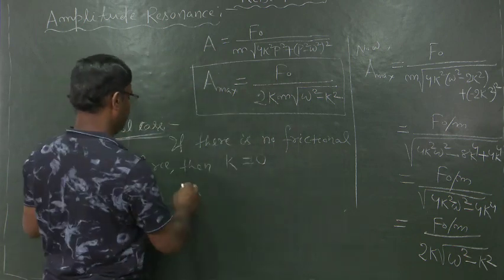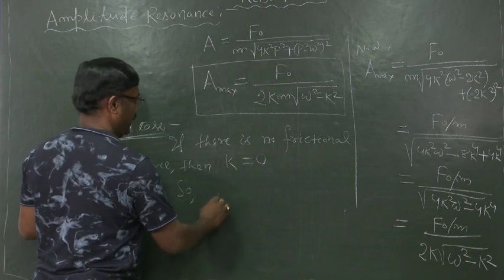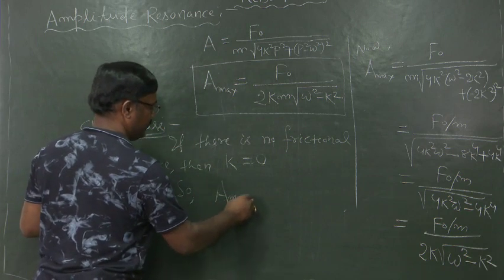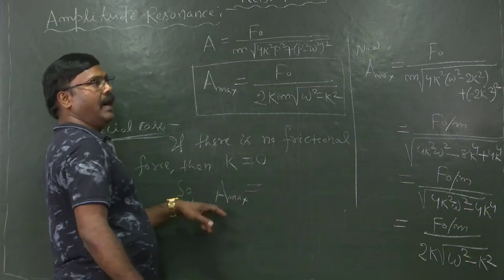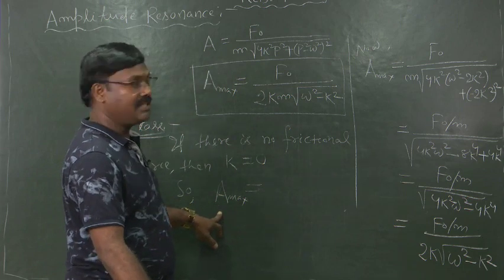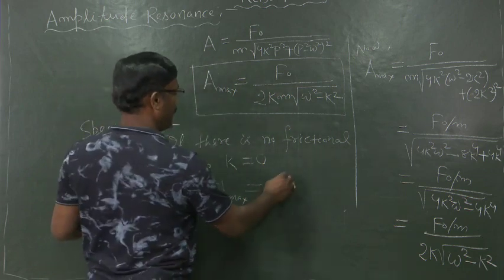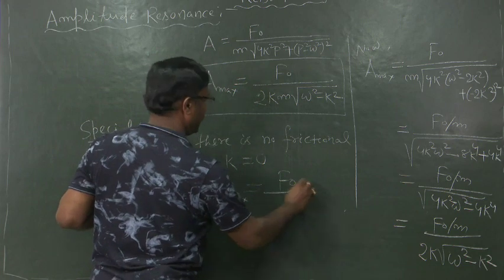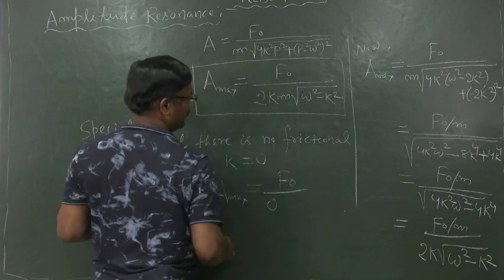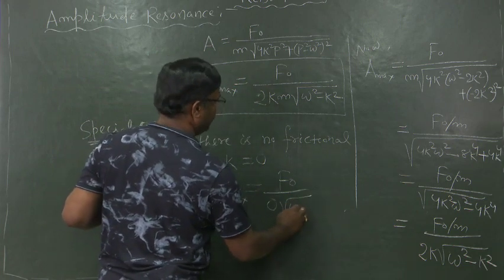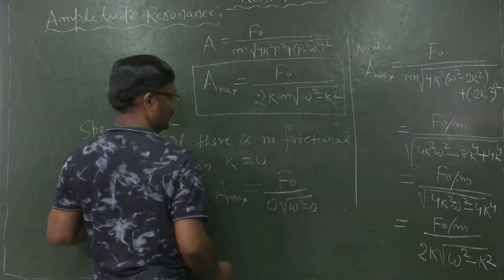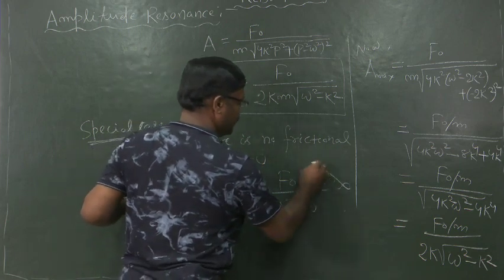So A max, that is the amplitude of the vibrating body at resonance, will be equal to F0 by 0 into root over of omega square minus 0, which is equal to infinity.